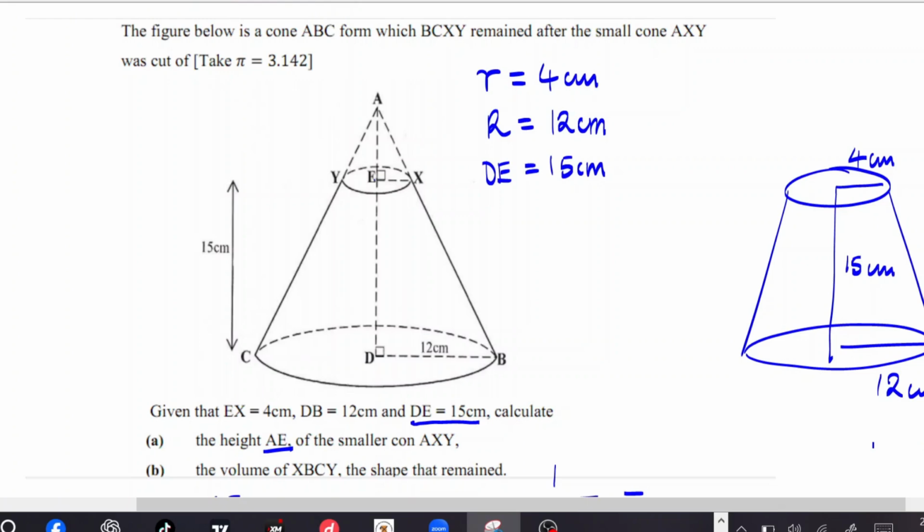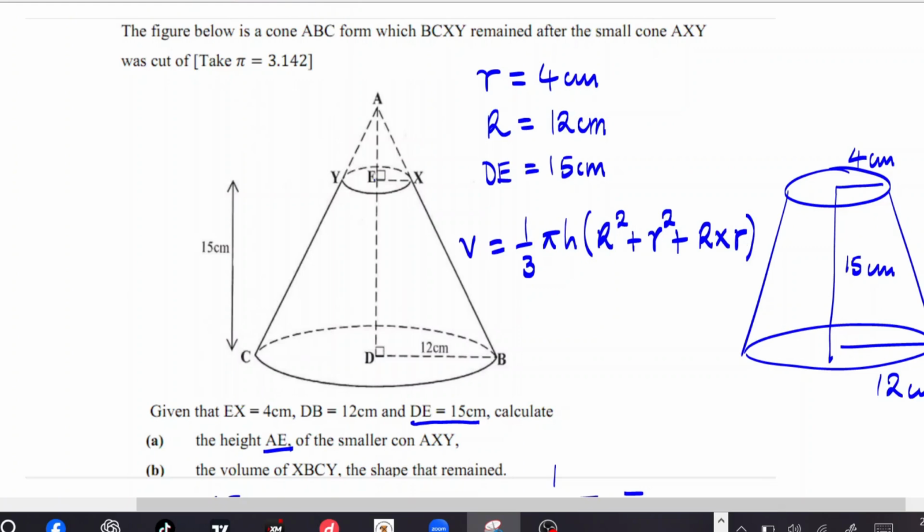So the volume of the frustum, like this one, is very simple. Volume is given by V equals 1/3. You just need to memorize this formula. Pi, then H, which is height, then open brackets, the bigger radius squared, plus the smaller radius squared, plus the bigger radius times the smaller radius, like that.